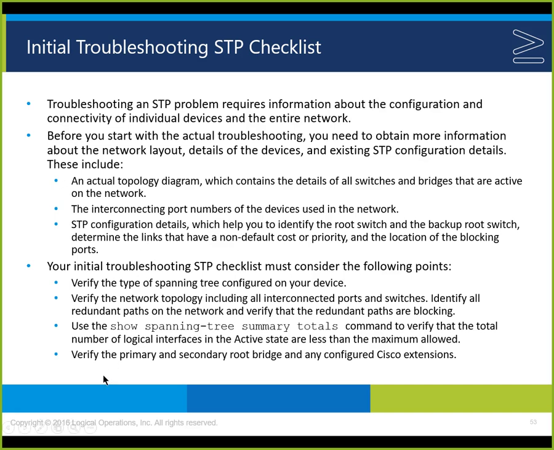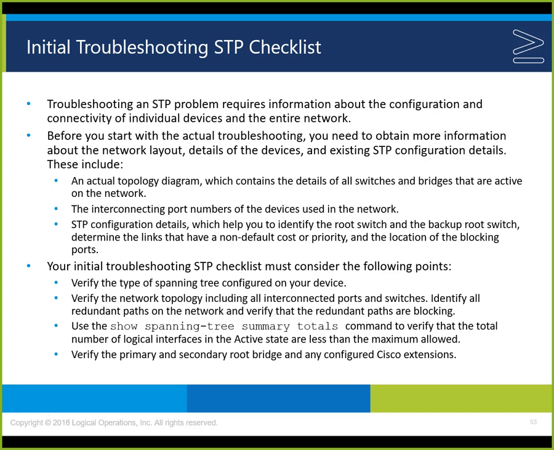Use the show spanning tree summary totals command to verify the total number of logical interfaces in the active state is less than the maximum allowed. And we talked a little bit, there was a slide about the maximum numbers that you can have, and that's something that's going to change based upon the hardware.